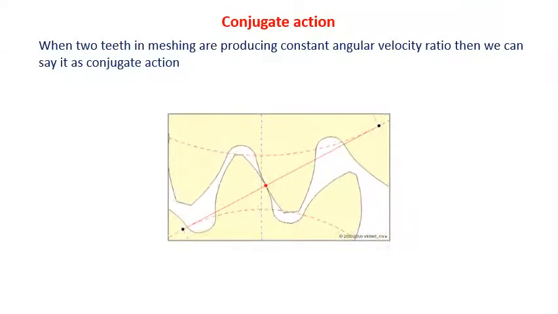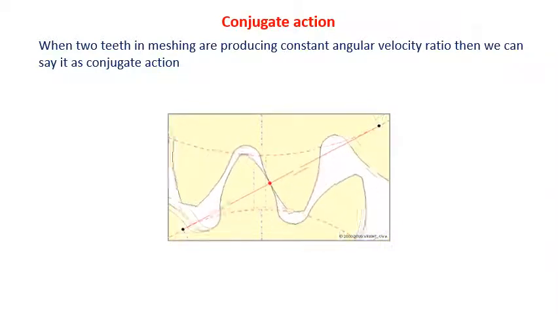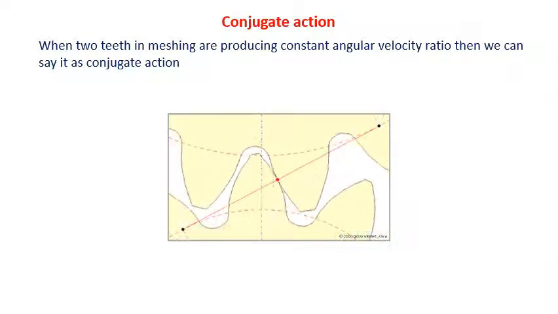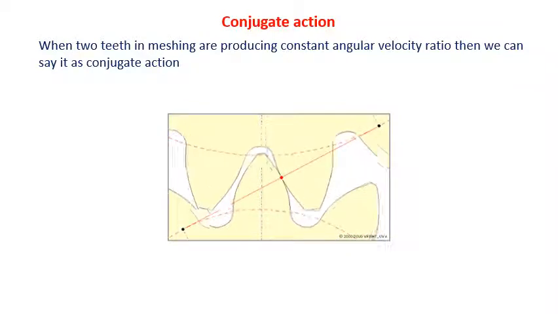Next one is conjugate action. What do you mean by conjugate action? In order to produce a constant angular velocity ratio during the meshing of the two gears, a tooth profile should be made in such a way that the surfaces are conjugate, which means it has to satisfy the law of gearing.